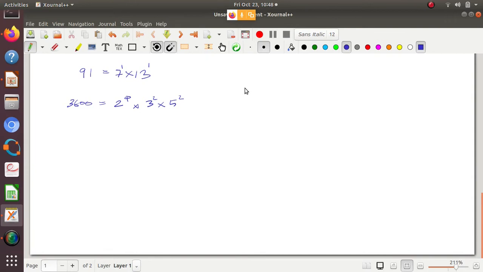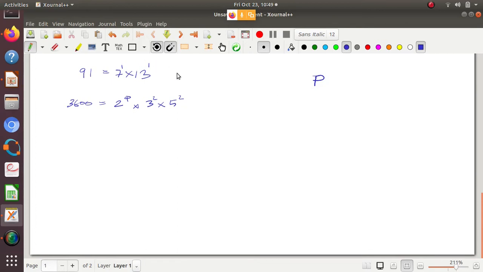But we can express it in another way. We assume that capital P is the set of all prime numbers. Then we can express any number as a product over all prime numbers.